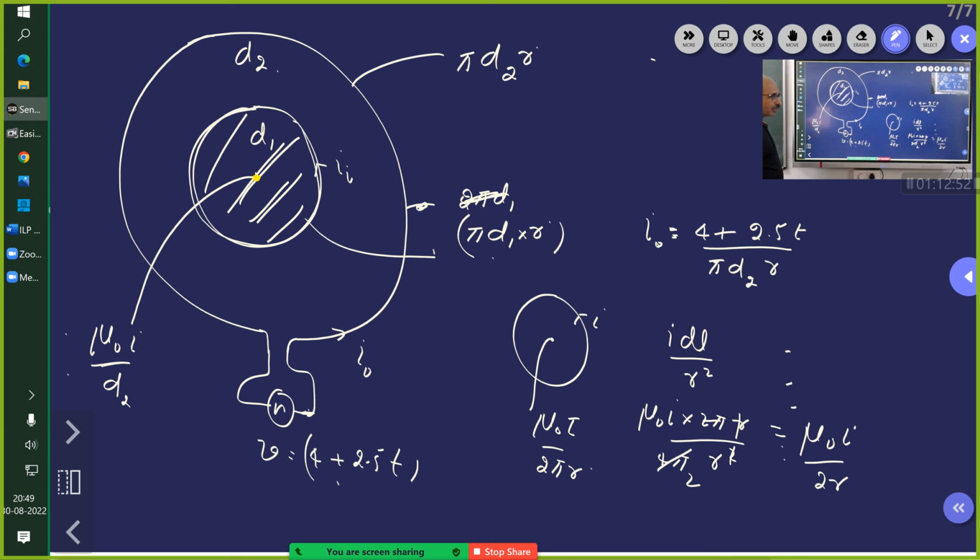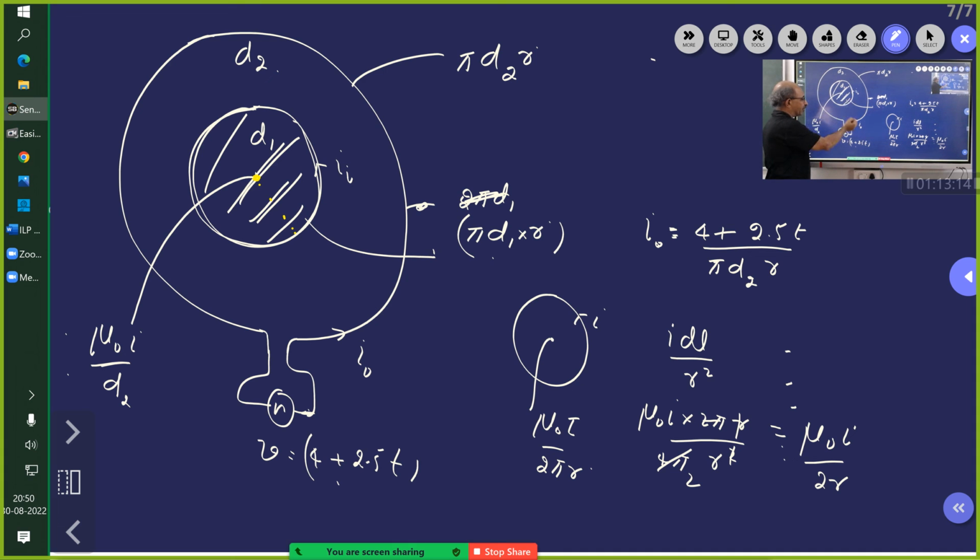Correct? Now, the magnetic field at these points is different.